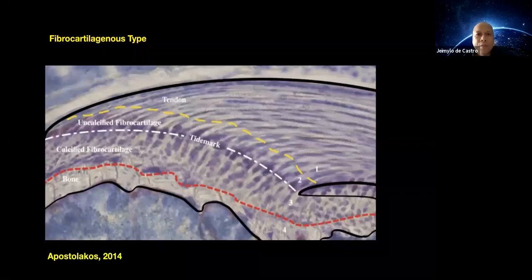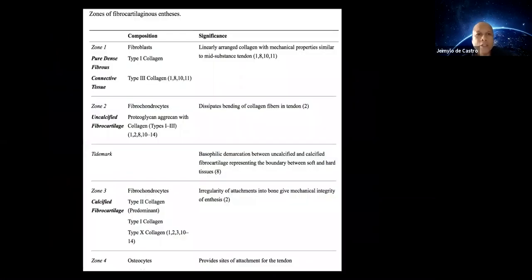So here, it is very important to notice that you can actually see all these changes only in the fibrocartilaginous, but not in the fibrous. Okay, so here are other details of those which we have described between the composition of the fibrocartilaginous and how they are differentiated from each other.